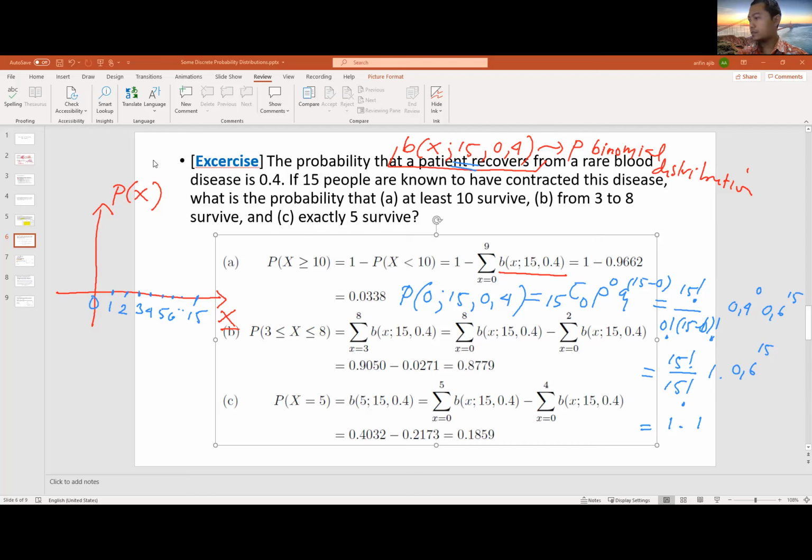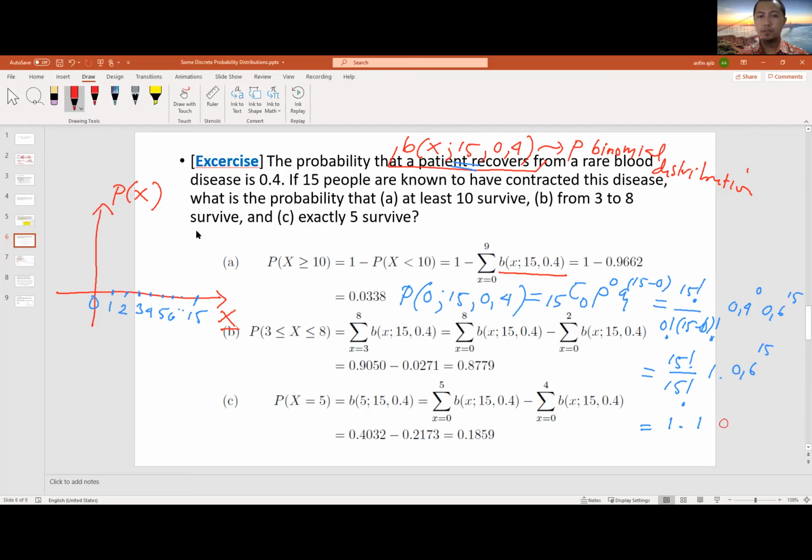It's around 0.00047. Yeah, the result is 0.00047. Okay.